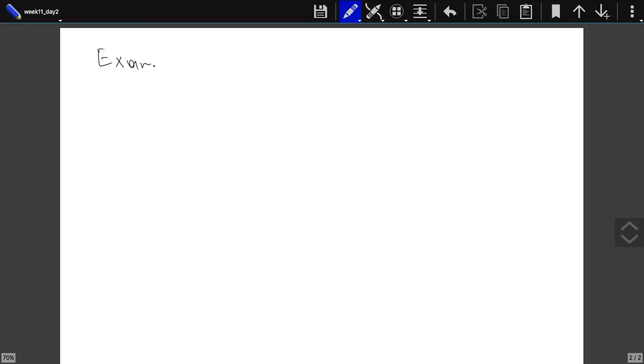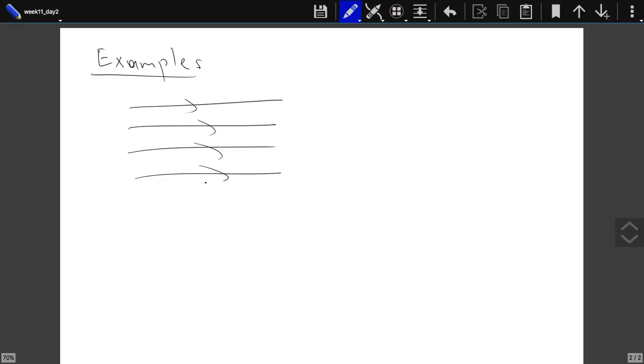Okay, so let's look at our examples. Let's assume we have a region where we have some B field, and I have some rectangular loop inside this B field.